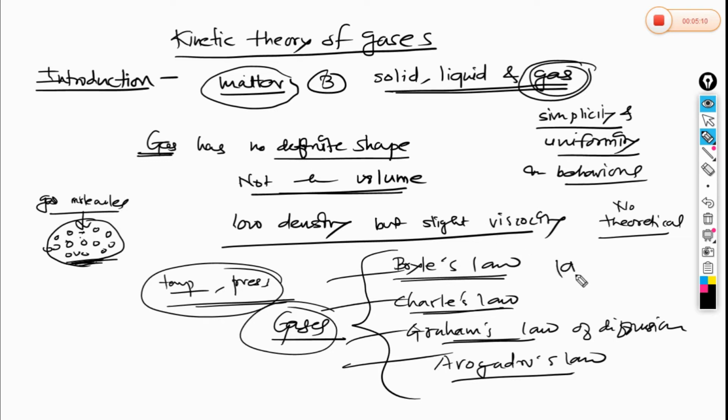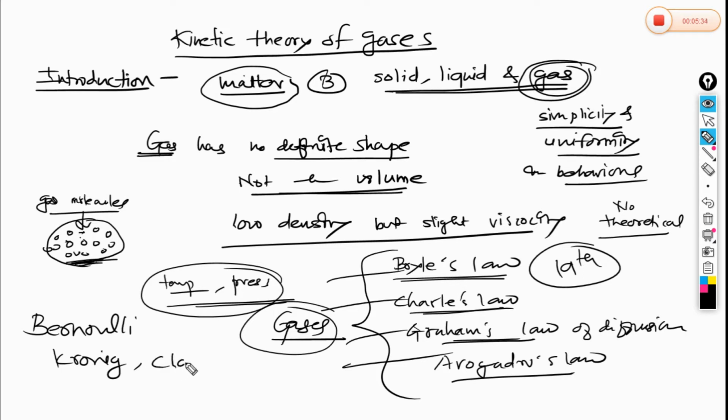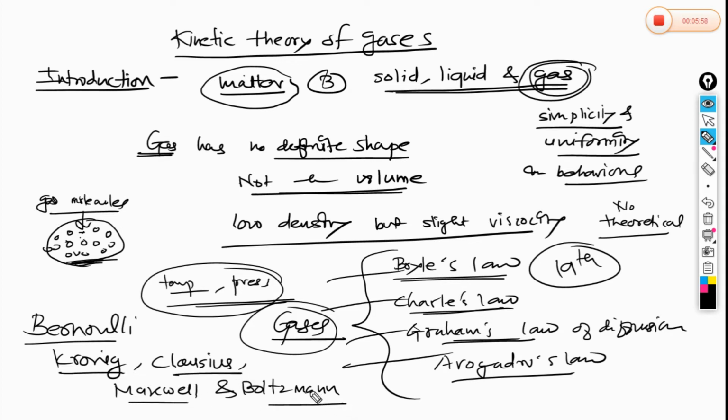In the 19th century, the scientists Bernoulli, Clausius, Maxwell and Boltzmann developed a theory on the basis of various gas laws.